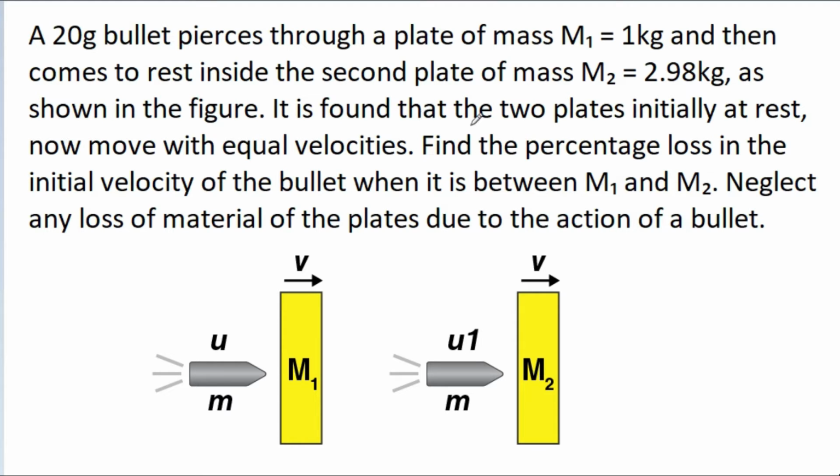It is found that the two punnets, initially at rest, now move with equal velocities. Then we have to find the percentage loss in the initial velocity of the bullet when it is between m1 and m2. And also we have to neglect any loss of material of the punnet due to the action of the bullet.